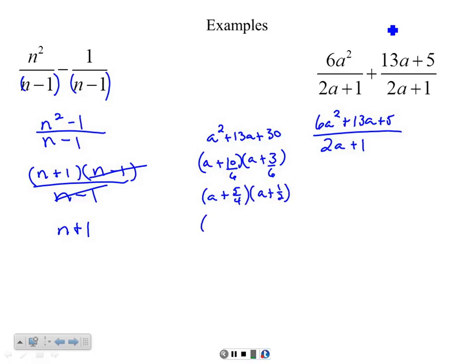And then bottoms up, we'll have 4a plus 5 and 2a plus 1. So there's your new numerator, 4a plus 5 and 2a plus 1 over that common denominator of 2a plus 1, and you can see that those are going to cancel out, and you're going to get 4a plus 5.